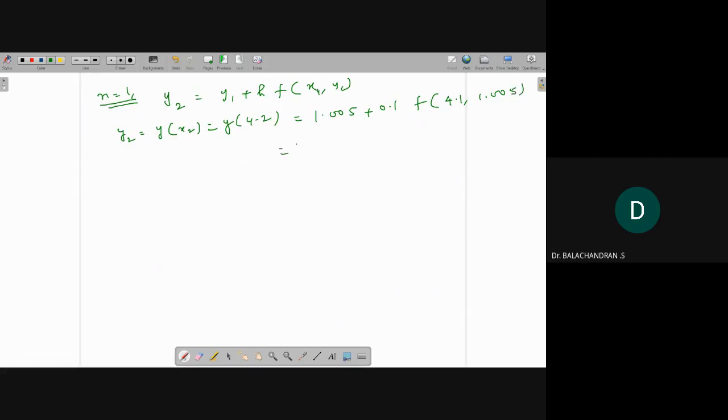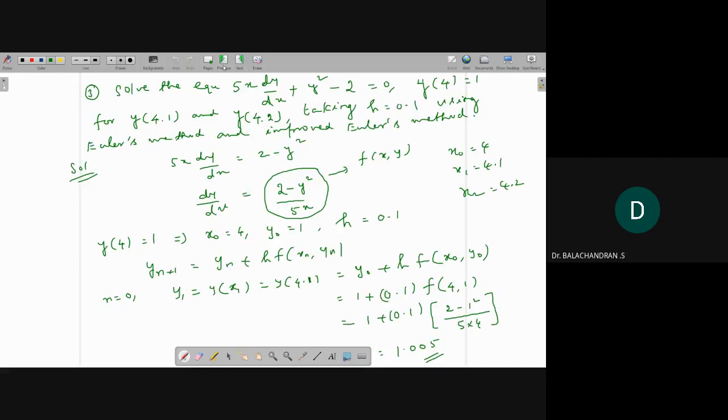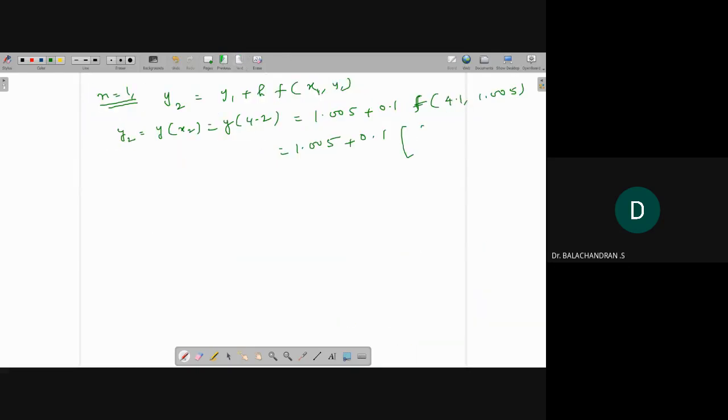So this is equal to 1.005 plus 0.1 into f. The function is 2 minus y square divided by 5 into x, that is 5 into 4.1.